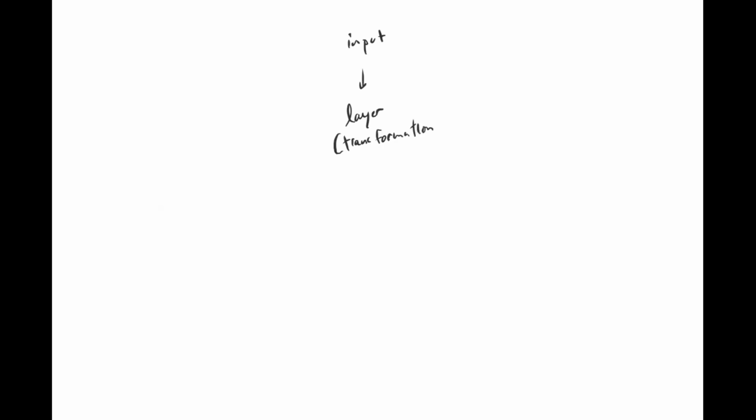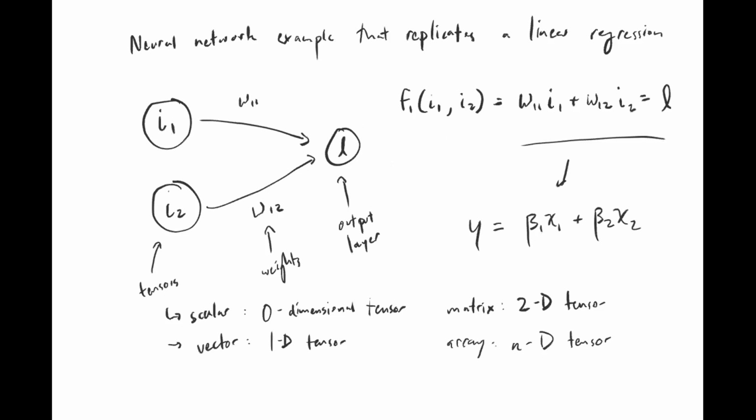In the previous version, this equation here is my transformation, and it leads to this output. So you have a new layer starting from your inputs. In this particular case, we only have one final output layer.